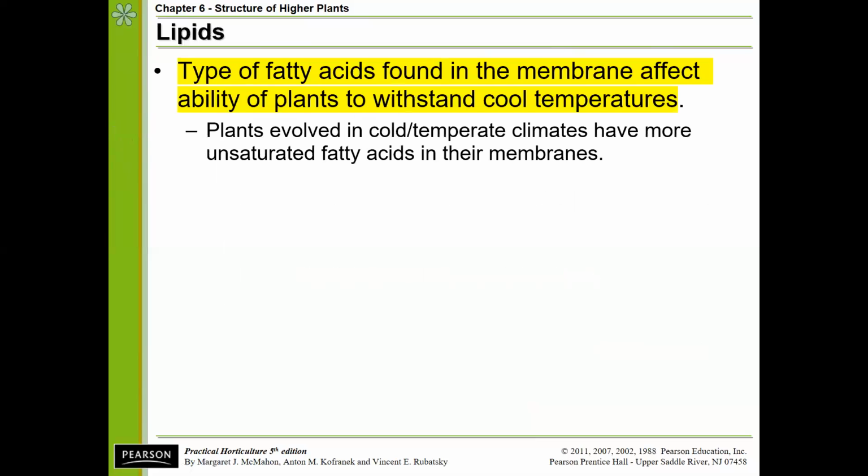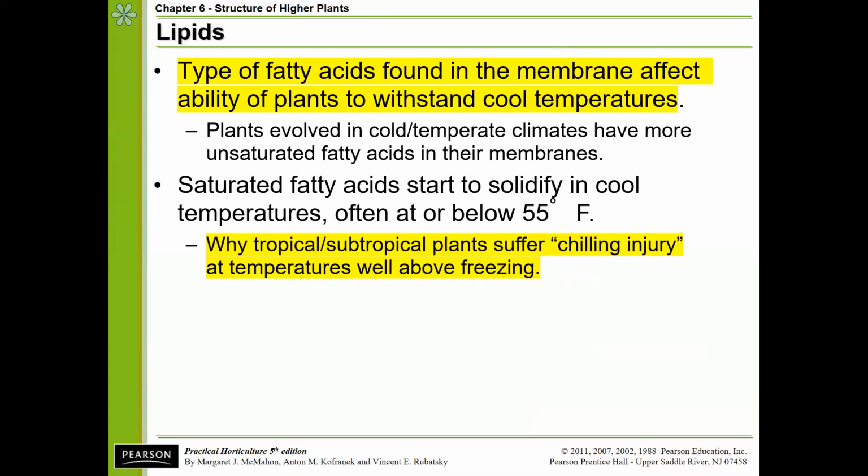These types of fatty acids that are found in the membranes of plants can affect the ability of the plants to withstand cool temperatures. Fats act kind of as an insulator, not just in plants, but in me too. Tropical and subtropical plants suffer chilling injuries at temperatures that are well above freezing due to the fact that saturated fatty acids will start to solidify in cool temperatures.